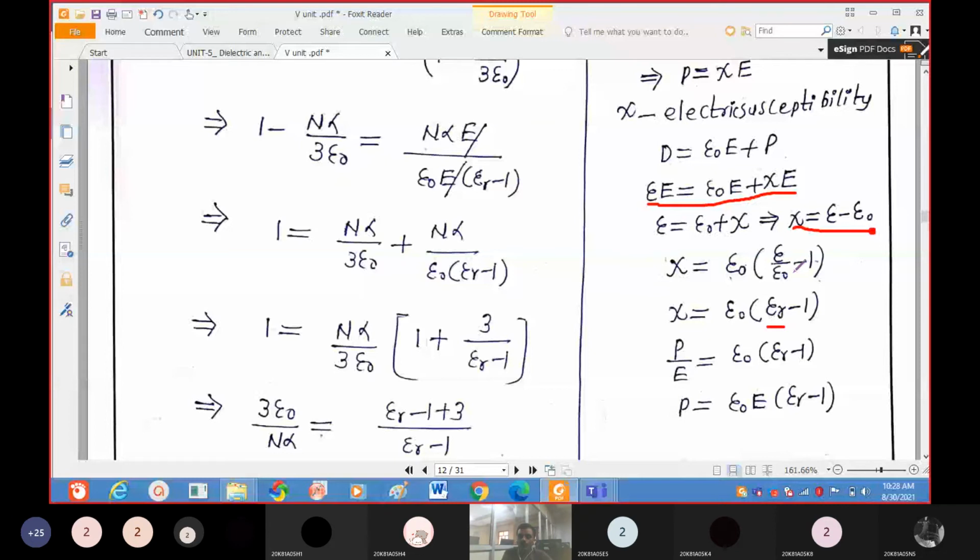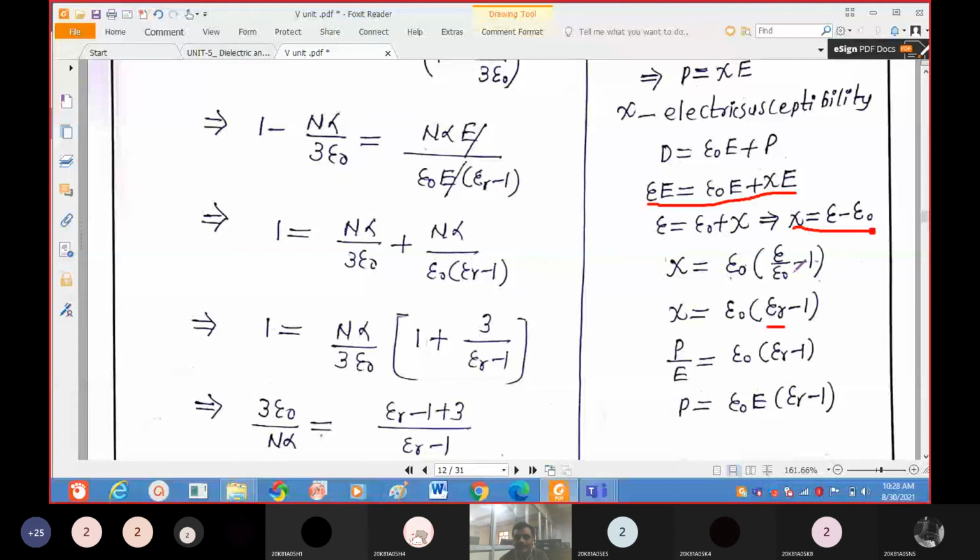Dielectric polarizability. The ability of a dielectric material to allow its charges to get separated in the presence of an electric field is known as polarizability. Remember this one.